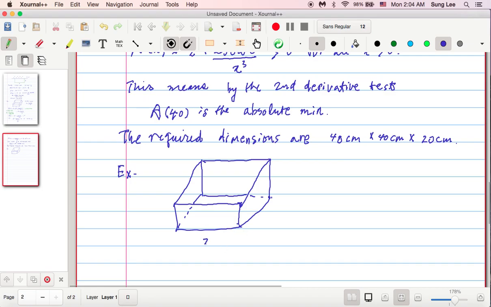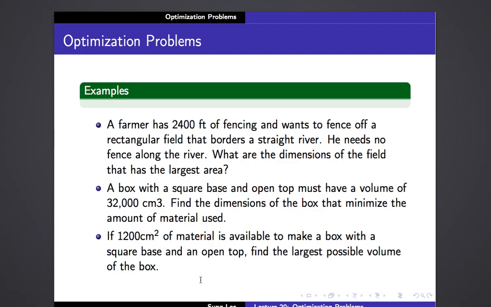Okay, so let's call the length and width, since it's a square base, x, right? And the height is going to be h. Okay, so we have limited material, which is 1200 square centimeters. I forgot the unit. Okay, right.